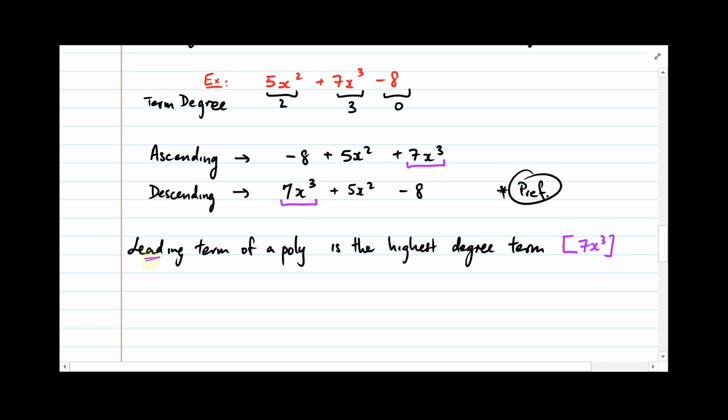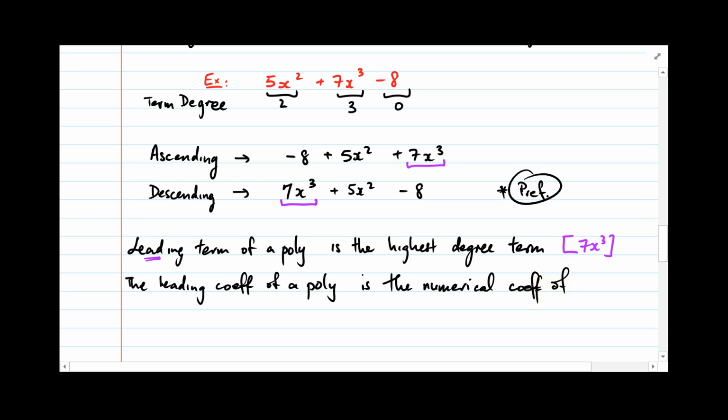Again, just remember, leading term goes with the highest degree term. There's something called the leading coefficient of the polynomial. So the leading coefficient of a polynomial is just the coefficient, or numerical coefficient, of the leading term.